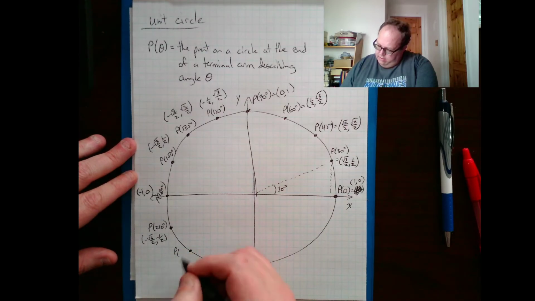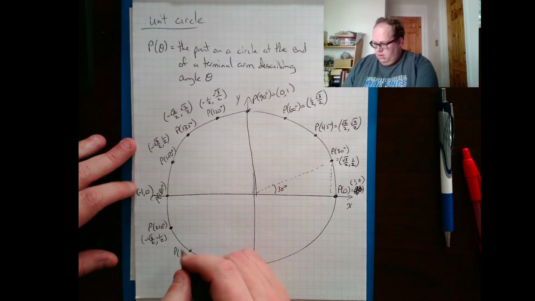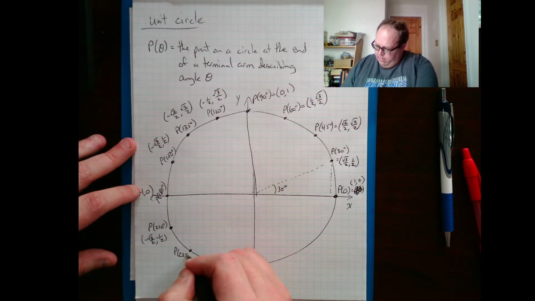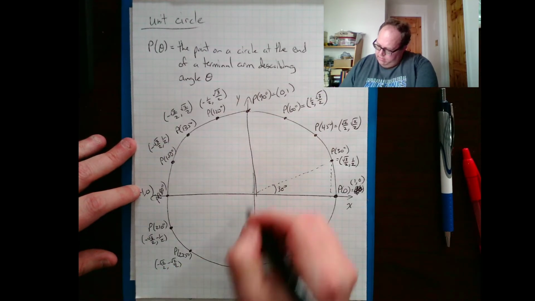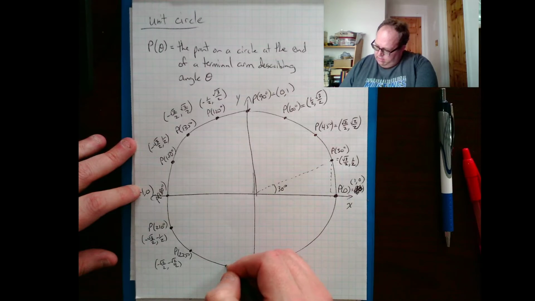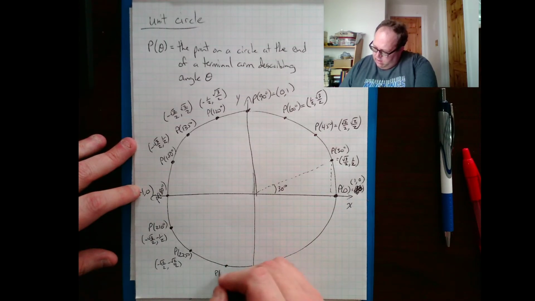P at 225 would be negative root 2 over 2, negative root 2 over 2. Right down here. P at 240 degrees would be negative 1/2 and negative root 3 over 2.